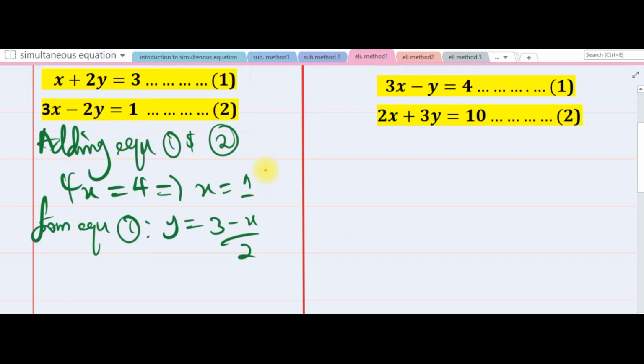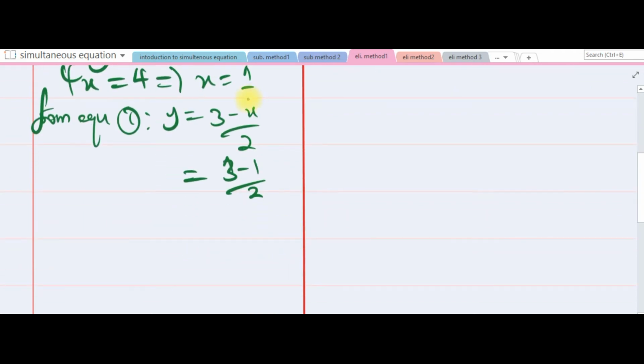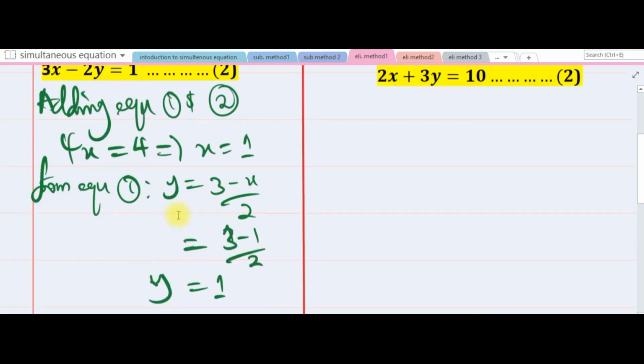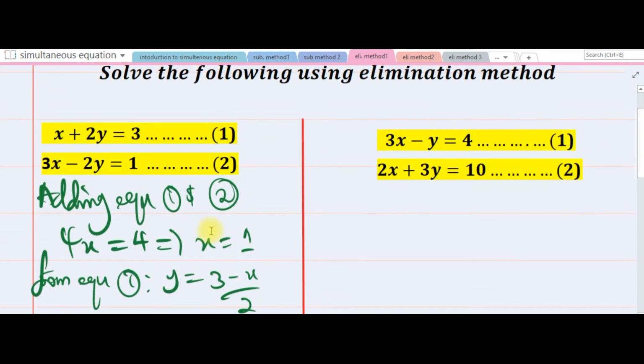So 3 minus x over 2. Therefore, which is now 3 minus 1 over 2. And 3 minus 1 is 2. 2 over 2 is 1. So y is 1.